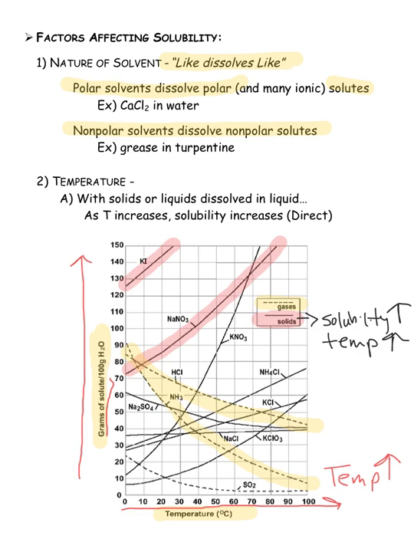Notice how for all of the lines for solids, as temperature goes up, the solubility for a solid is increasing. For gases, though, we see that as temperature increases, solubility is going down. There are several reasons for this. Gases are already far away from each other.